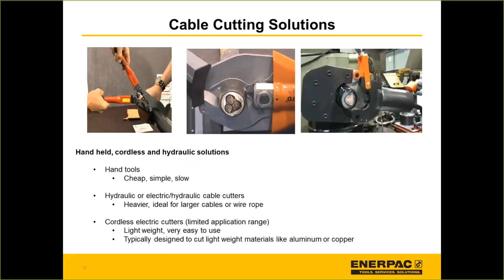We see hand tools or sometimes cordless tools. When you get into the larger cables, like the ones on the right, to cut those, sometimes we see similar hydraulic solutions out there in the market. So in the center picture, you'll see a shear type hydraulic tool that's being used, and on the far right, you see a guillotine style cutter being used.